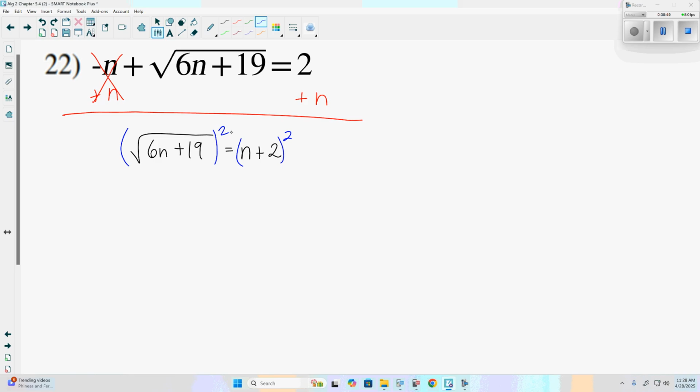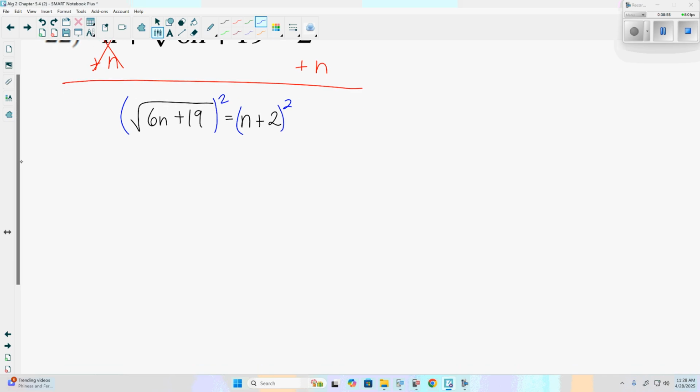Now we do indeed have the radical by itself, so we'll put both sides to the second power. On the left-hand side, the square root and square would cancel, telling us that 6n plus 19 is equal to n plus 2 times n plus 2.